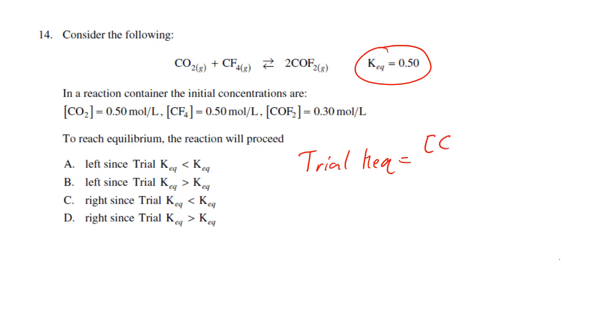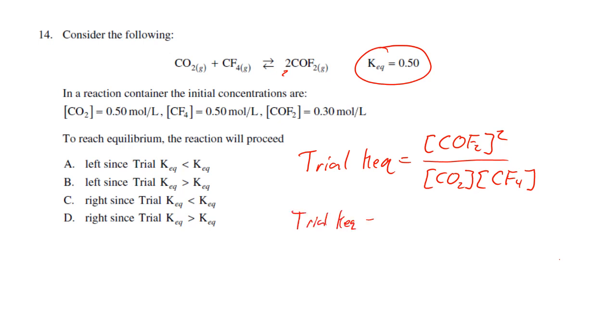So it's products, COF2, squared, because of the 2. Everything is gases here, over CO2, or CF4. Plug in my values. COF2 is 0.3 squared over CO2 is 0.5 times another 0.5.